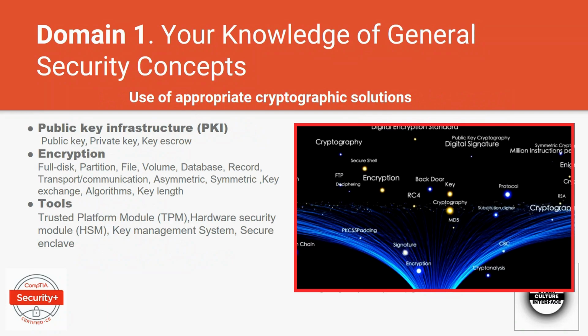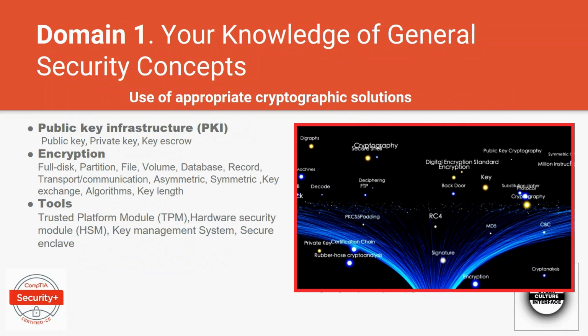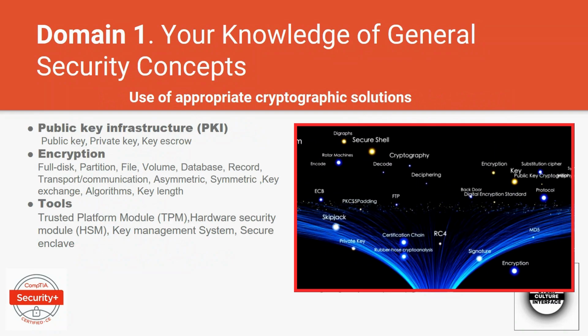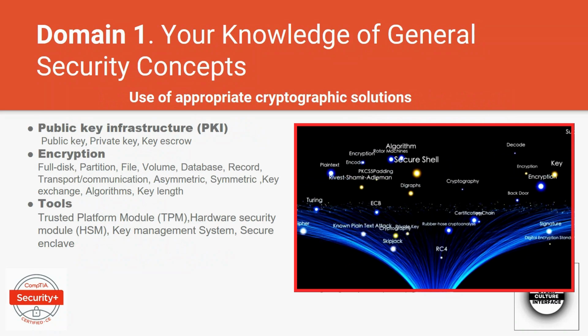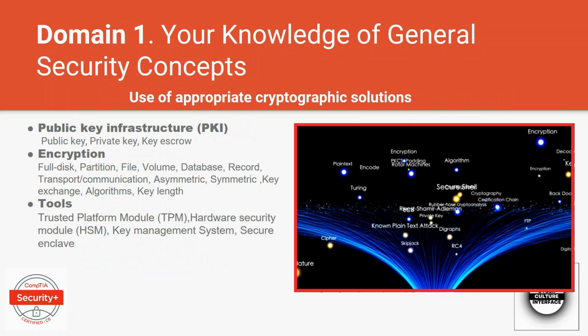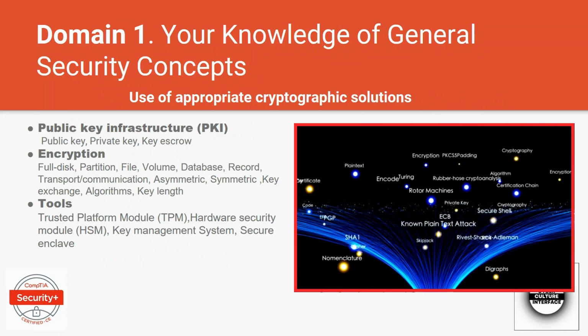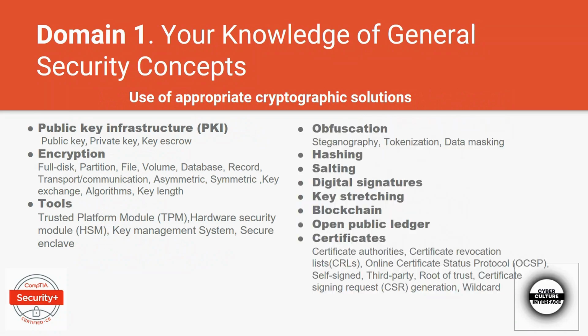These are terminologies that you understand under encryption that help to give a full description of what encryption you are using or how you implement cryptographic solutions. Also, we are talking about tools. What are the tools you use to create encryption? We are looking at trusted platform modules (TPM), hardware security modules, key management systems, and secure enclave.